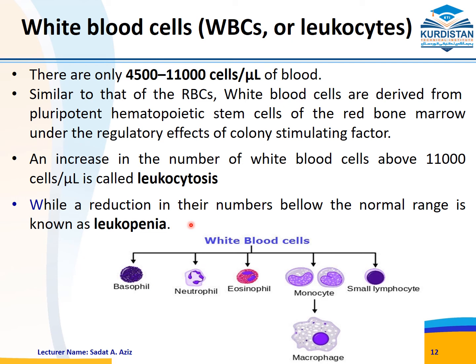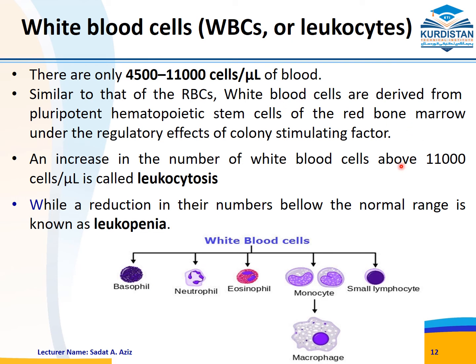Also, when there is an increase in the number of the white blood cells above the normal range, or above 11,000 cells per microliter, this process is called leukocytosis. So leukocytosis is an increase in the number of the circulating leukocytes above the normal range, while a reduction in the number of the circulating leukocytes, less than the normal range, is called leukopenia.